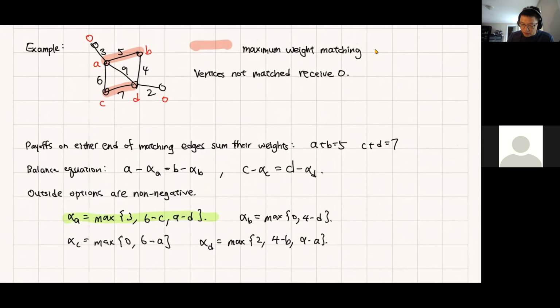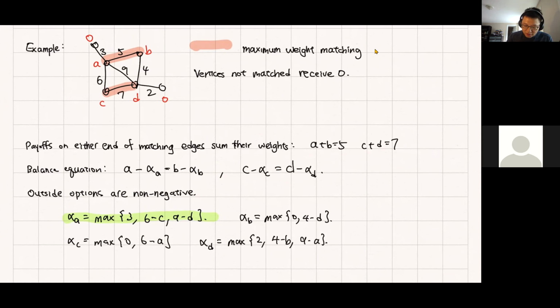Combining all of them, we should be able to solve for a balanced outcome. The rest of it is just crunching numbers.